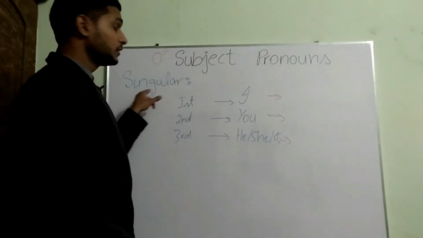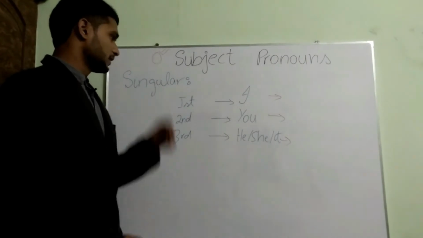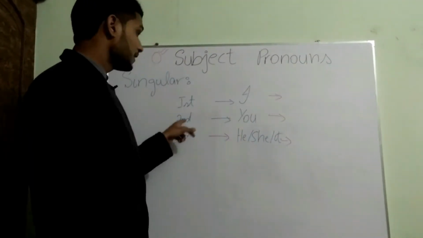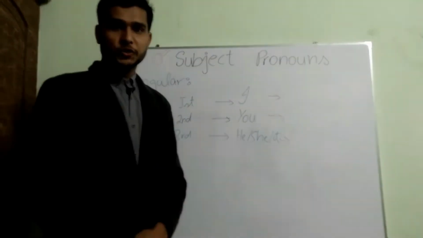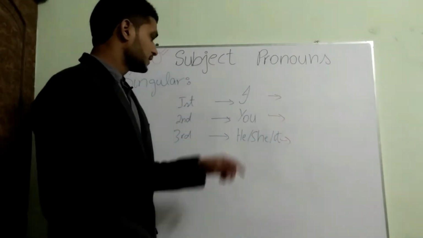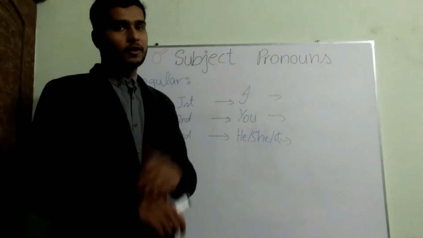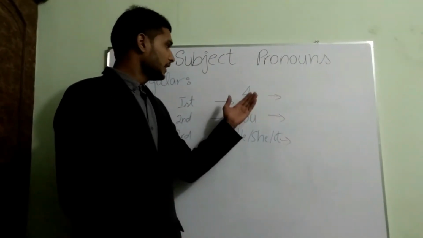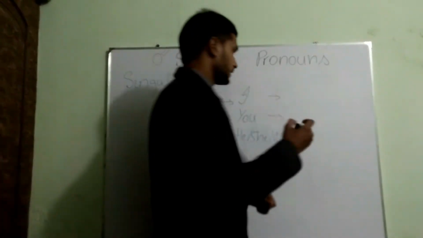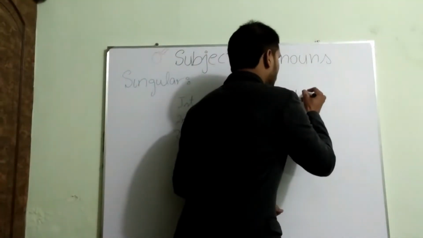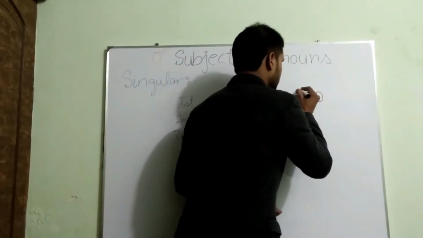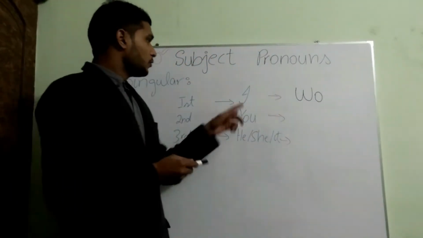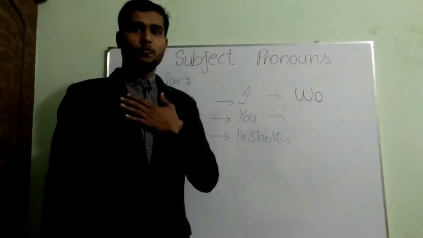We have the singular part of three persons. The first person singular is I, the second person singular is you, and the third person singular is he, she or it. The first person singular, I, in Chinese we say wǒ, W-O.